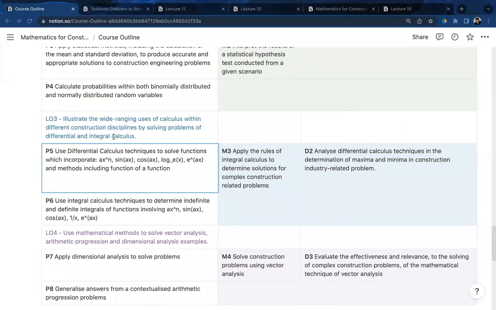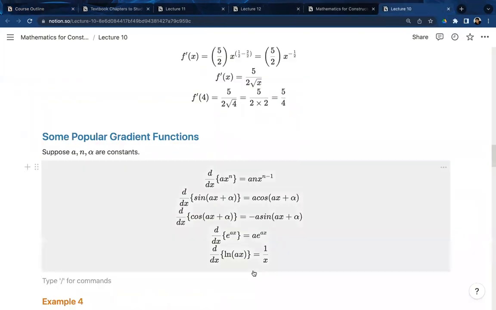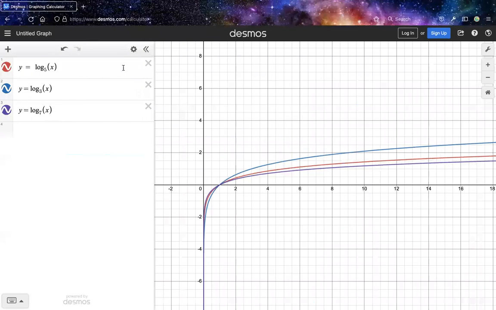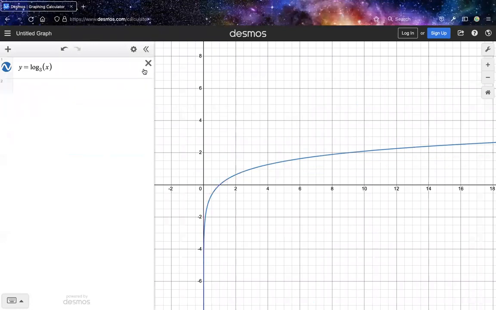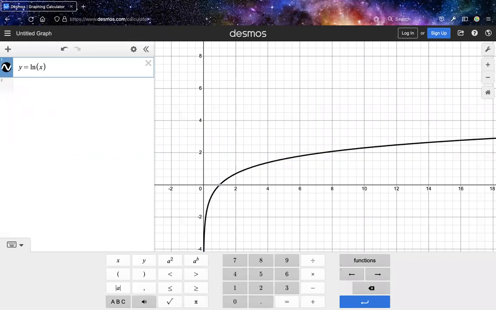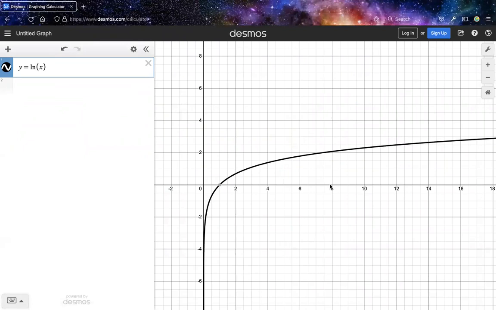So they're asking you to know what ln x is: log to base e, right? And as we could see here, we could get rid of all of these and say y equals ln x. Okay, same shape as the other logarithmic functions, basically.